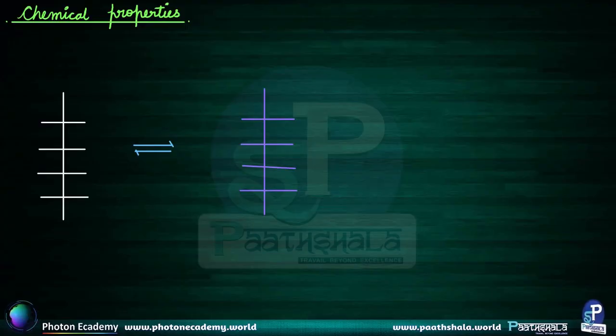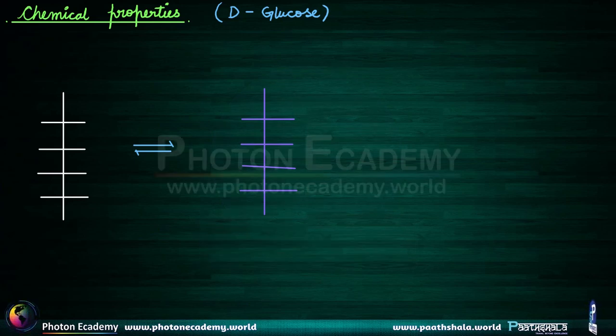So now we come to the chemical properties of glucose. We're going to be discussing the chemical properties of D-glucose. If we carefully read the structure of glucose, we have learned that on the top we had the aldehyde group, so we had the CHO group.